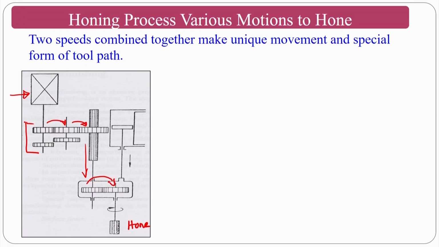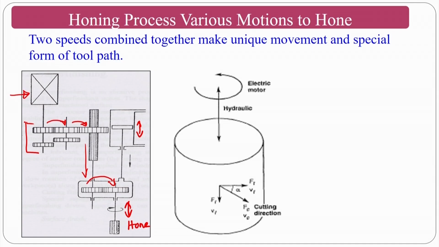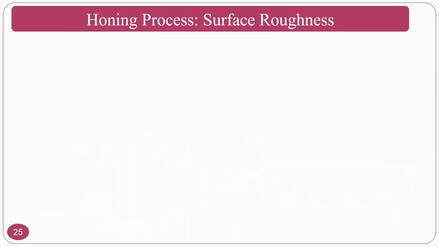The rotary motion will come. At the same time, this is the hydraulic controlling unit where you reciprocate, so now you get rotary as well as reciprocating motion. This is how people used to fabricate the rotary and reciprocating motions in the honing process.